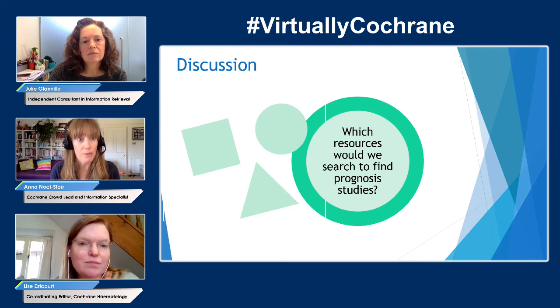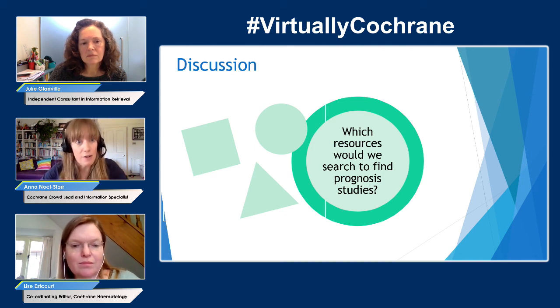So you've got your standard list of databases that you search, but there might be increased importance in backward and forward citation checking, potentially hand searching, and certainly asking experts in the field for their ideas around known studies that we might not have been able to capture through our more standard database searching. So I think those are my main messages at the moment, where I'm at with my prognosis searching.